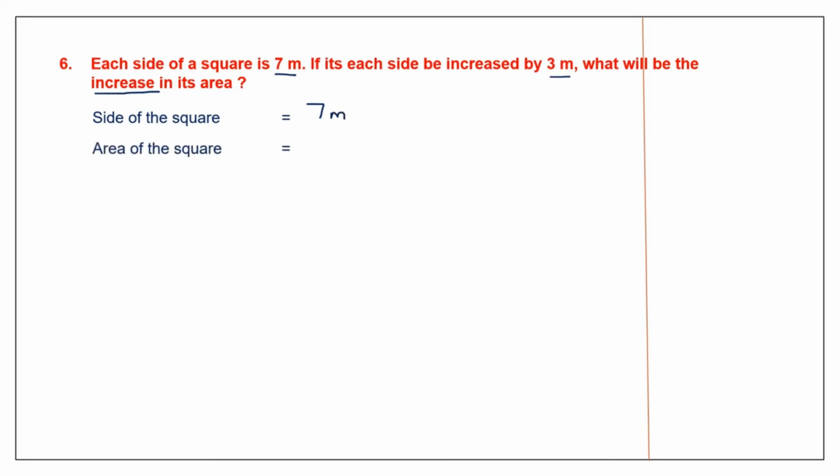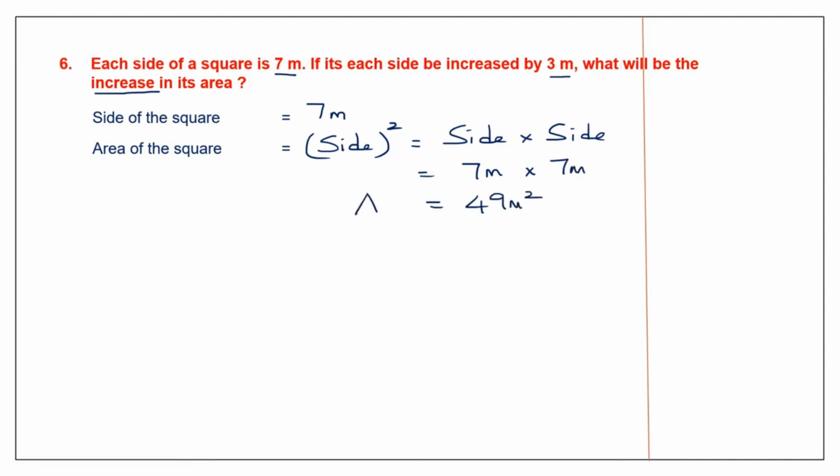The area of the square will be the formula side square. This is equal to side into side, which is 7 meters into 7 meters. So the area of the square is 7 7s are 49 meter square. So we have found the area to be 49 meters square.